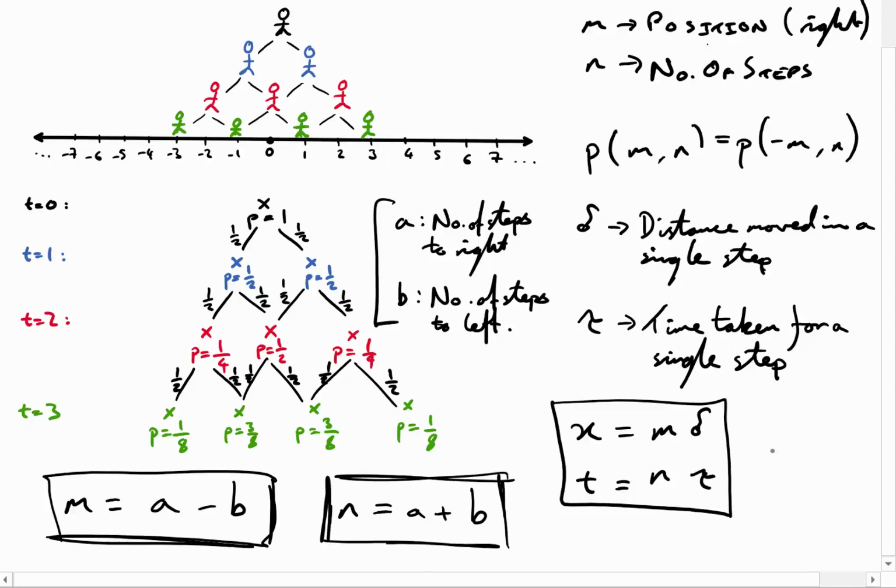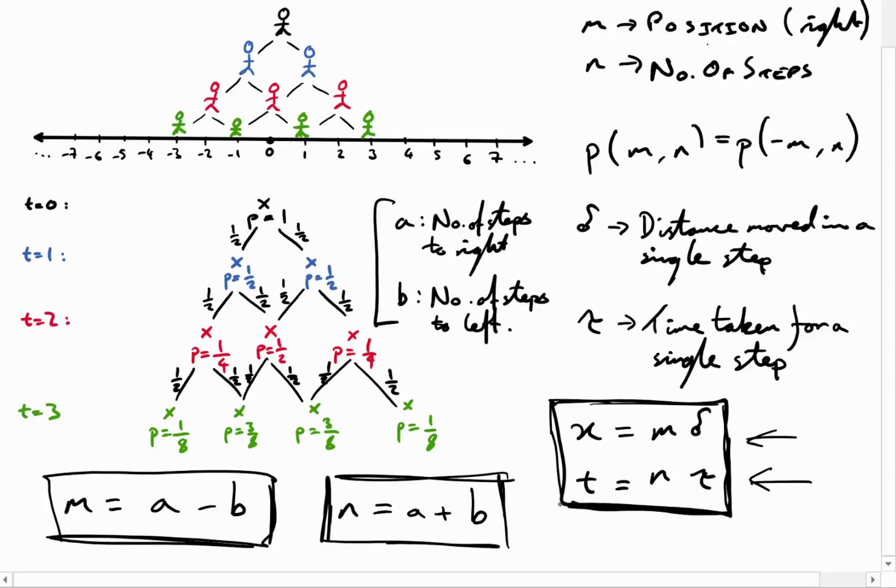So really, I don't know how necessary this is. If you're a little bit confused by this, as I initially was when I met it, and thought, why do we need that? Basically, all this is doing is saying that if we have to introduce distance for a single step or time taken for a single step, then we can do that.